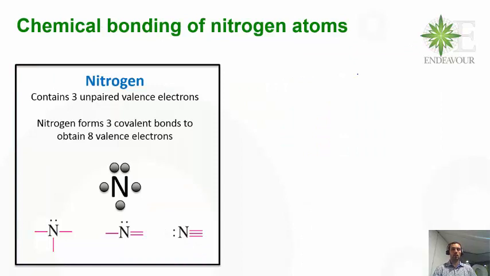Alright, so let's consider the bonding arrangements of nitrogen now. If we look at the Lewis dot symbol representation, we've got a circle representing each of nitrogen's valence electrons. Remember I told you that the nitrogen was in group 5 in the periodic table, and that means it has 5 valence electrons.